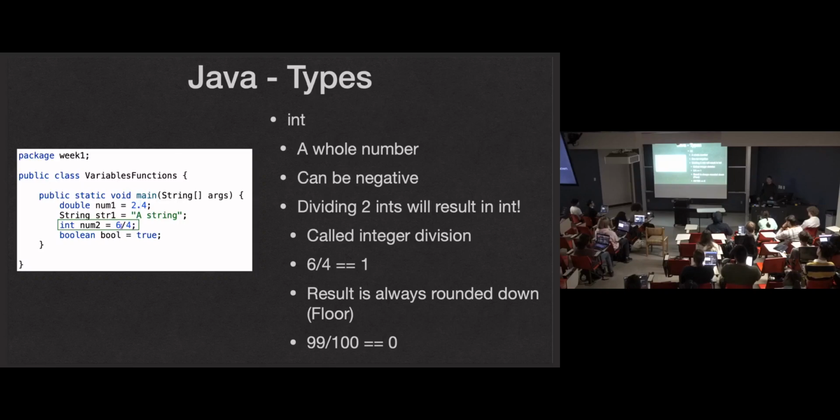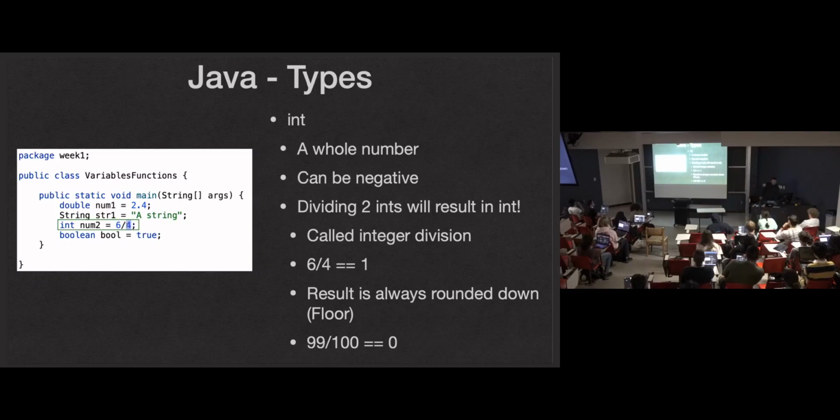Even if I put 6.0, that's going to be treated as a double and not an int. So if I wanted one of these to be a double, I can put a .0 on there and it'll be a double. I didn't, so these are both going to be ints. When you divide two ints, you get what's called integer division, and the result will be an int.